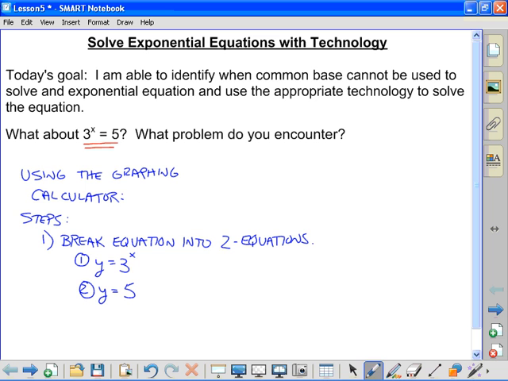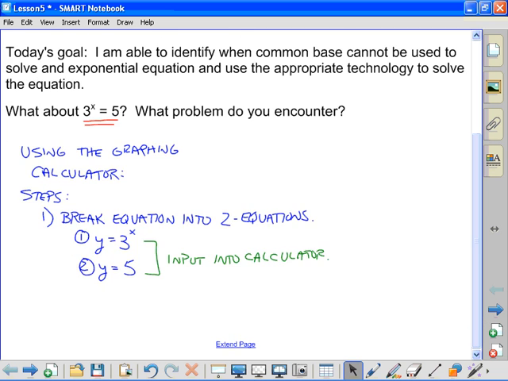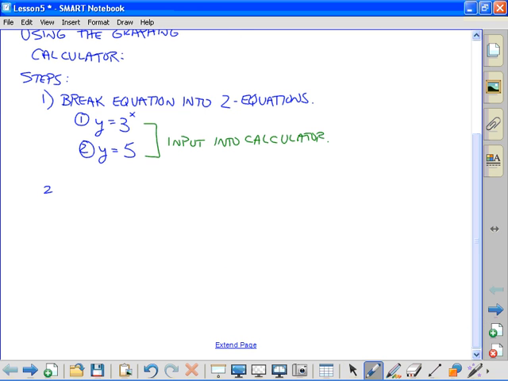And that's what you're going to input into the calculator. Step 2: input both equations into the graphing calculator.